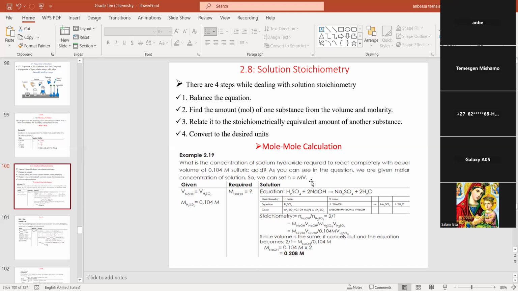So if the volume is the same, number of mole of sodium hydroxide over number of mole of sulfuric acid is equal to 2 over 1. Assume volume 1, then 0.1 times 1 is 0.1, so 1 over 0.1.